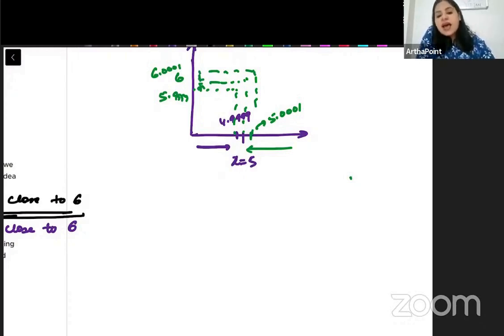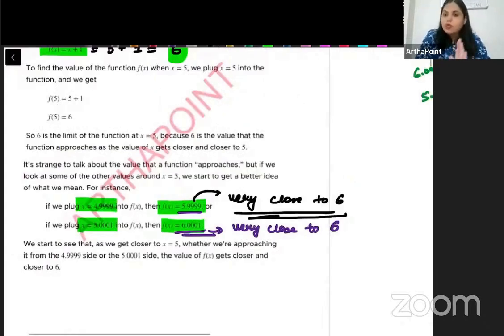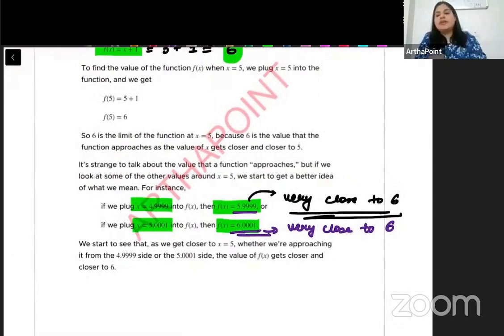Well, beta, this exactly is the concept of limit. When I say the limit of the function as x approaches 5, the question I'm asking is what happens to the function as x approaches a particular number from both sides. Whether I approach from the left-hand side or the right-hand side, what happens to the value of the function?